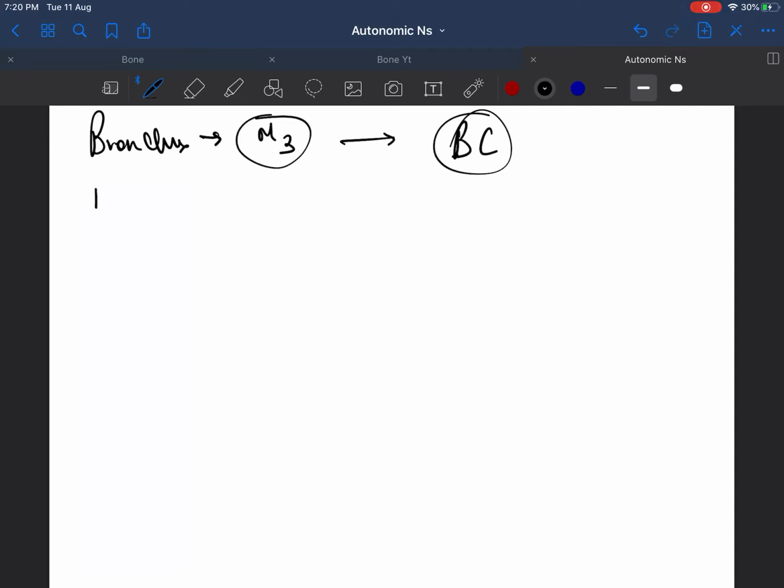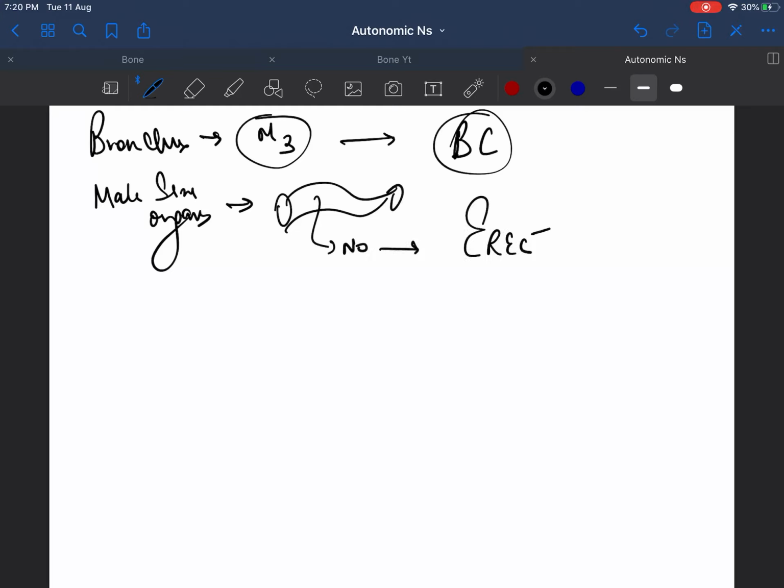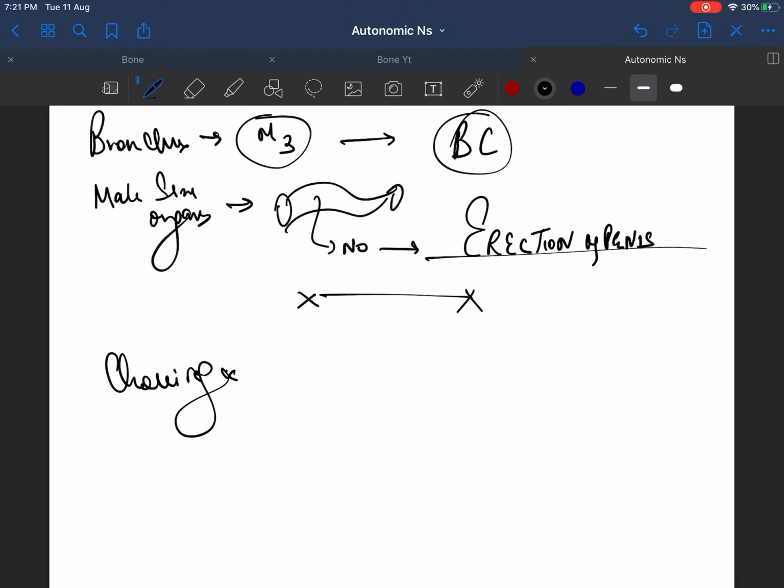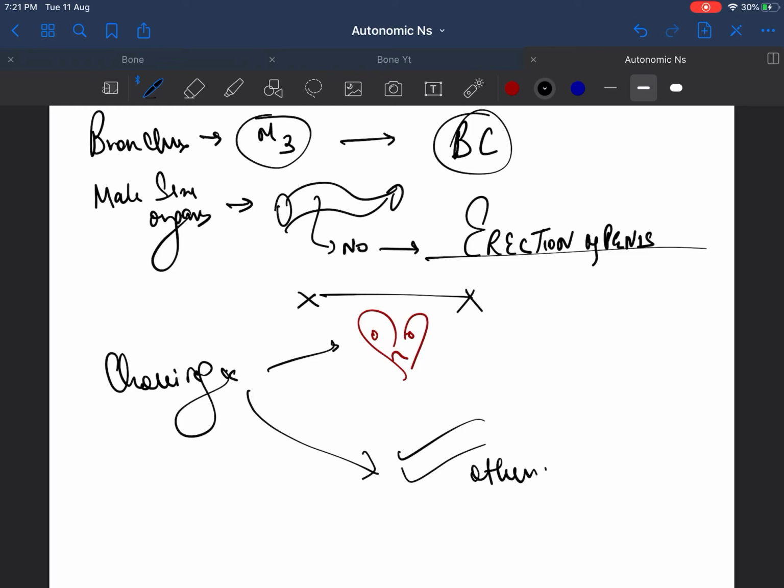Now coming to the male sex organs. Here we know that the blood vessels are actually dilated due to the release of nitric oxide, and this will lead to erection of the penis. So in the end, we can understand that the cholinergic system makes the heart unhappy, and it contracts everything, it stimulates every other thing. At other places it's good.